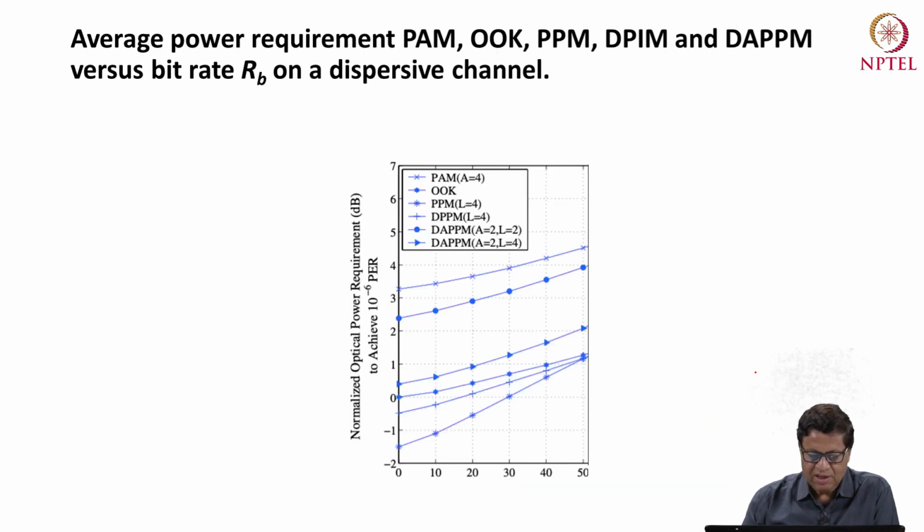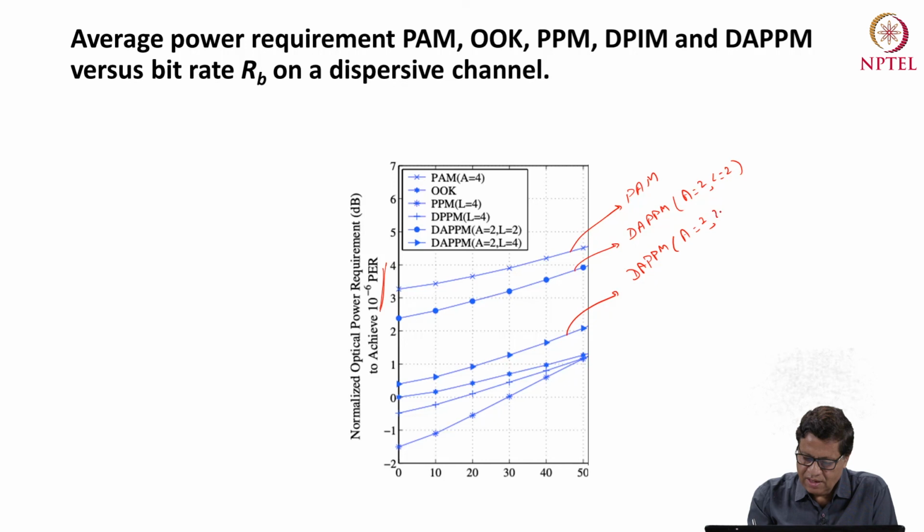If you want to see a comparison of optical power requirement to achieve a 10 to the minus 6 BER for different schemes, for example, this is PAM, which has the highest optical power requirement, and this one is DAPPM with A equal to 2 and L equal to 2, and this one is DAPPM, A equal to 2, L equal to 4.